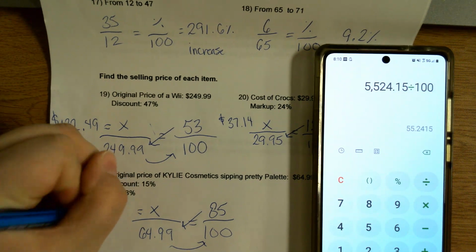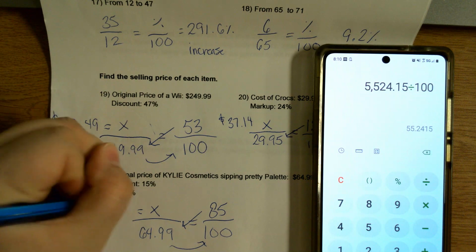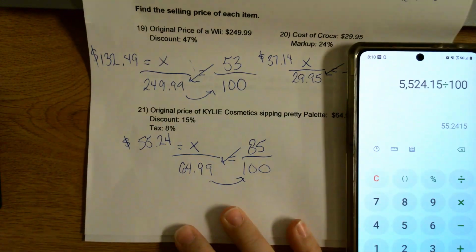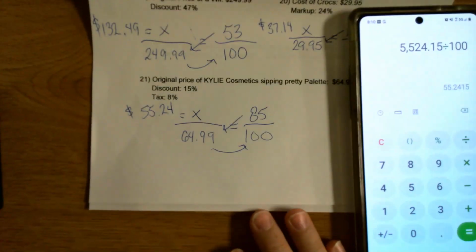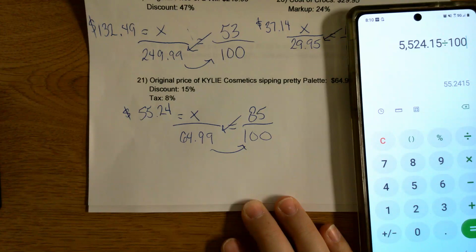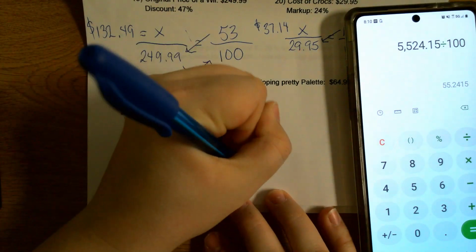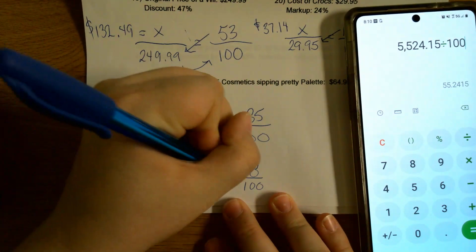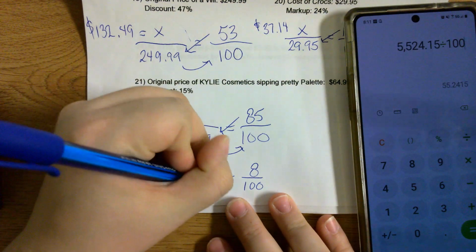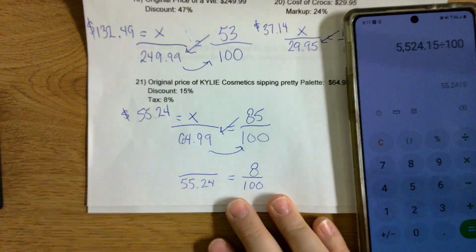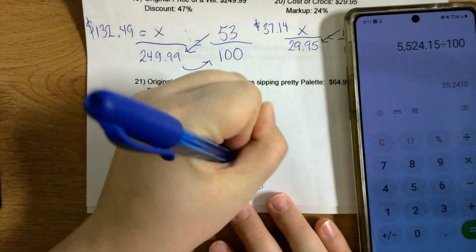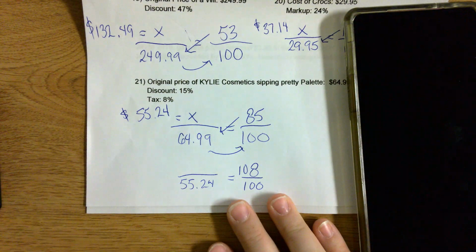But I'm not done. So I'm paying $55.24, but it tells me I also have to tax that amount by 8%. So in this case, I'm going to put 8 over 100 set equal to 55.24. I could do 8 or I could do 108 because I know I'm going to pay 100% plus another 8%.